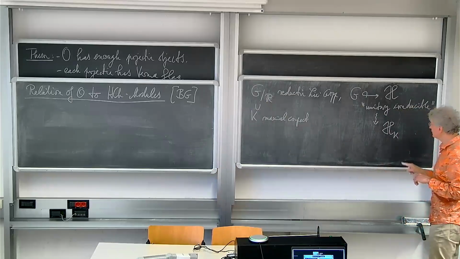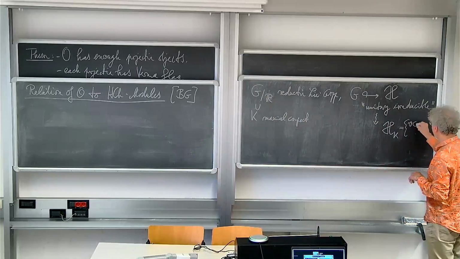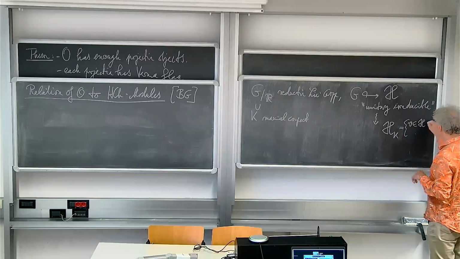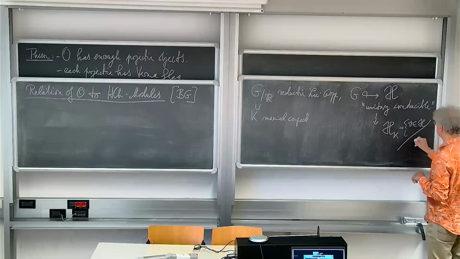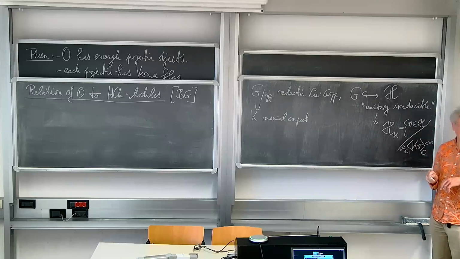So this is all vectors v in H such that if I apply K to v and take the C-span of this, it is finite dimensional, the so-called K-finite vectors.